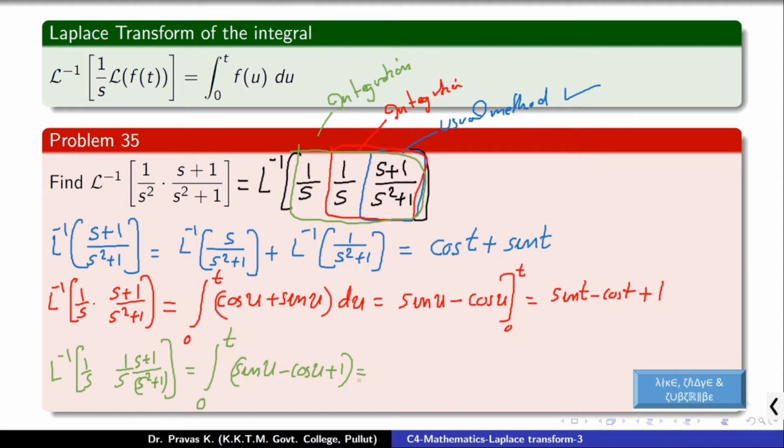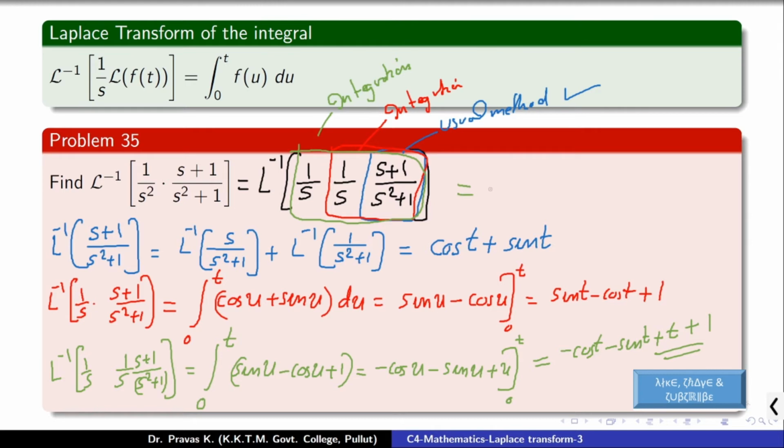Now sin u has the integral of minus cos u, and minus cos u has the integral of minus sin u, and 1 has the integral of u. So using those values and applying the limits from 0 to t, we get minus cos u minus sin u plus u from 0 to t, which is equal to, when you substitute with the t, you get minus cos t minus sin t plus t, and when you substitute with 0, you will get minus of minus 1, that is plus 1 as the final answer.